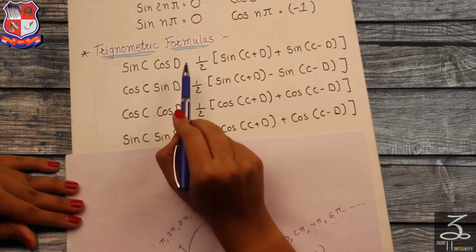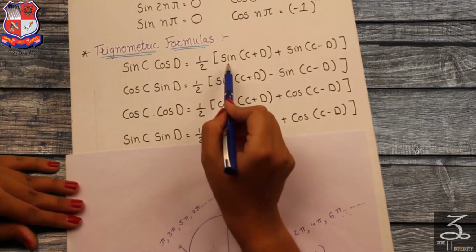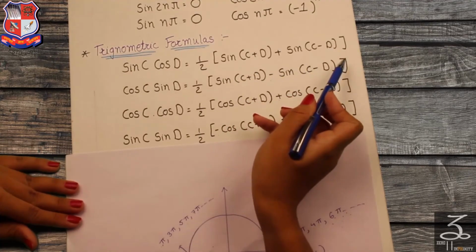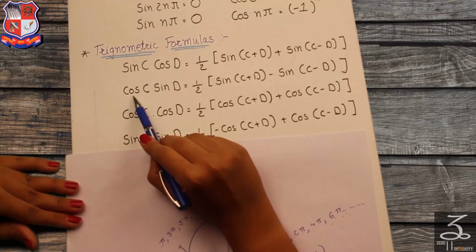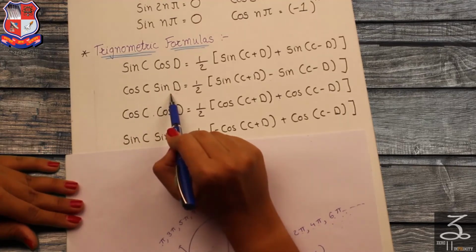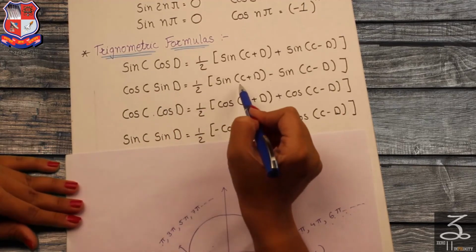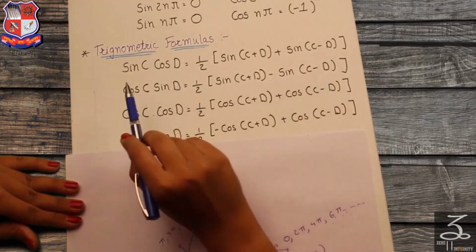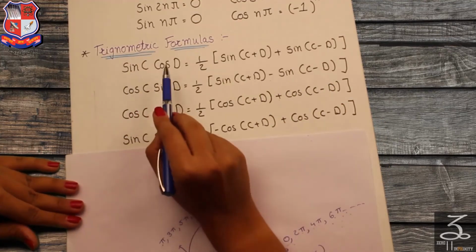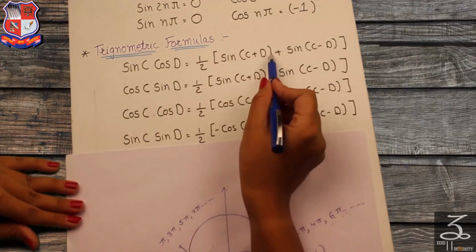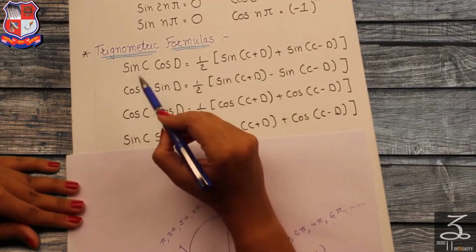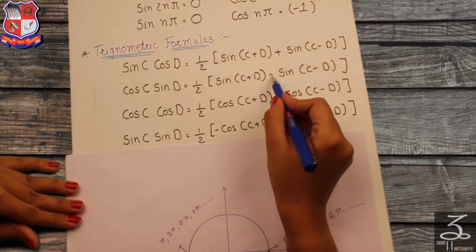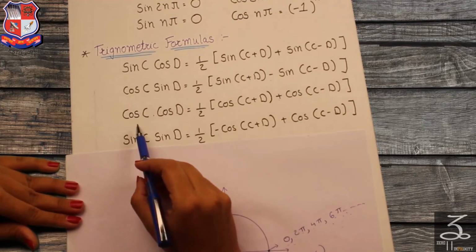The multiplication of sin c into cos d is always 1 by 2 into sin c plus d plus sin c minus d. Similarly, the multiplication of cos c into sin d is 1 by 2 into sin c plus d minus sin c minus d. First sin comes, then cos comes, then there is an addition sign in between. First cos and then sin, then there is a subtraction sign in between.